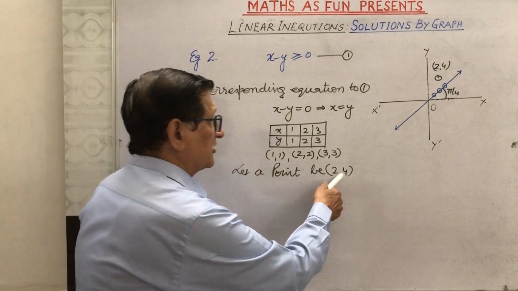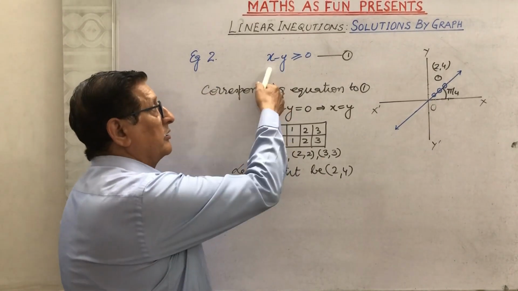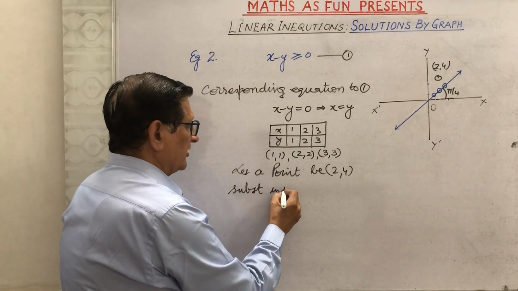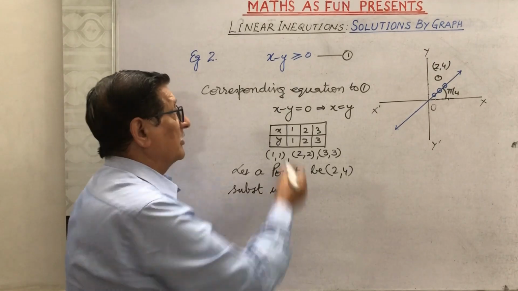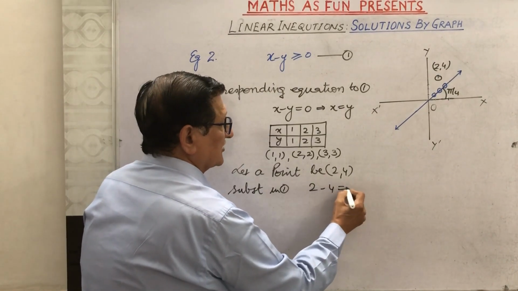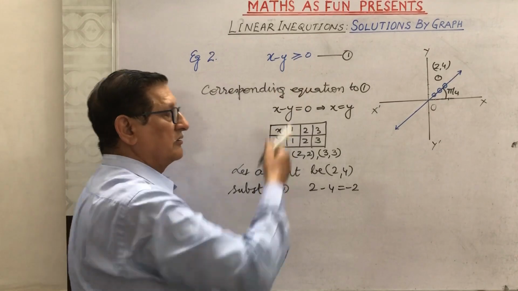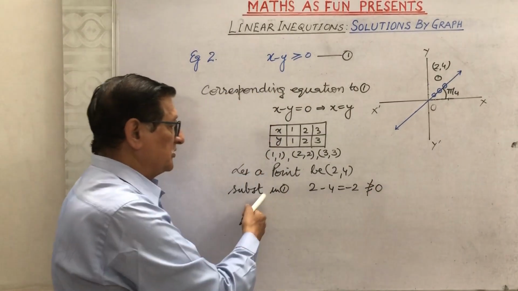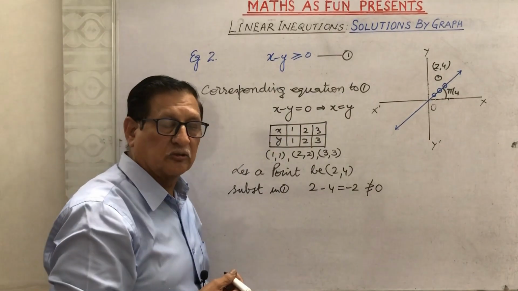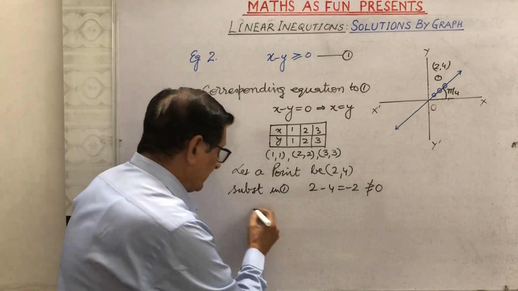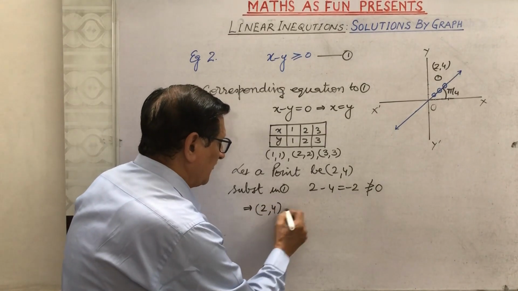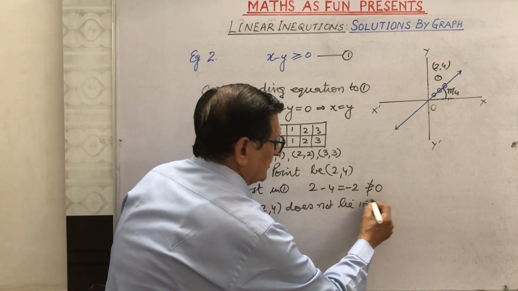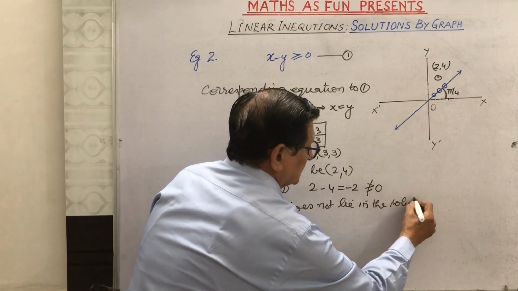Now we substitute the coordinates of this point in inequality 1. We are getting 2 minus 4, that is minus 2. Is it greater than or equal to 0? No, it is not. It means (2, 4) is not lying in the solution space. So this implies that (2, 4) does not lie in the solution space.